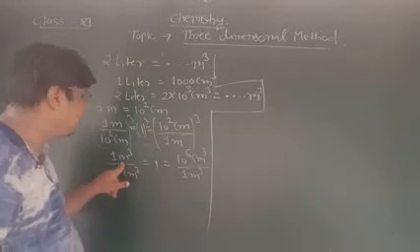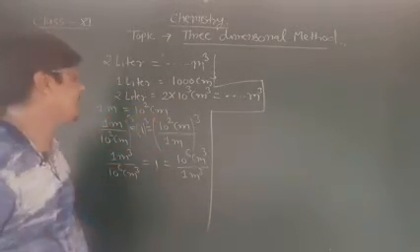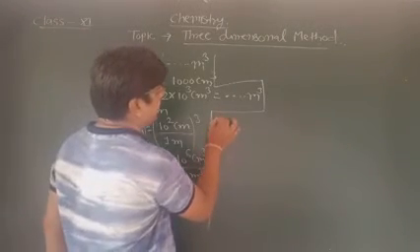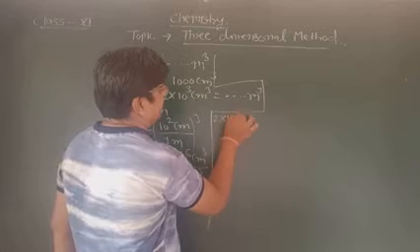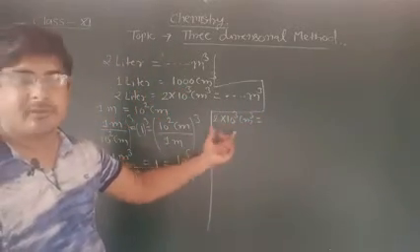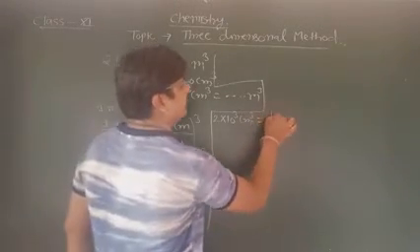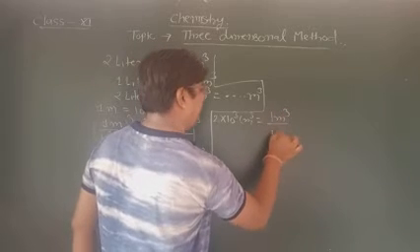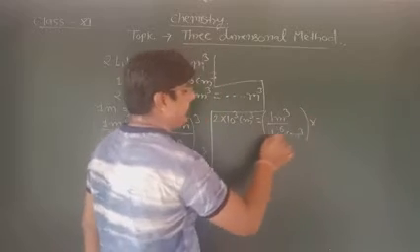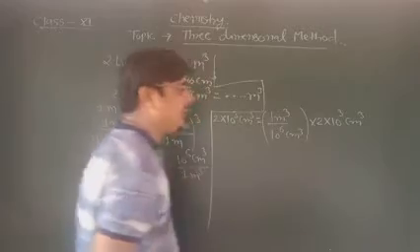So I am writing 2 into 10 to the power 3 centimeter cube, which is 2 liter, equals 1 meter cube upon 10 to the power 6 centimeter cube, multiplied by 2 into 10 to the power 3 centimeter cube.